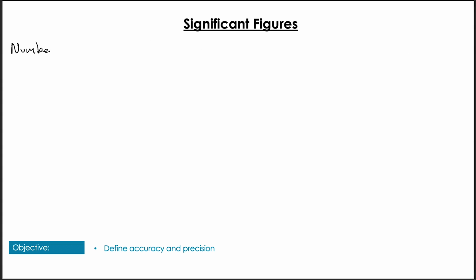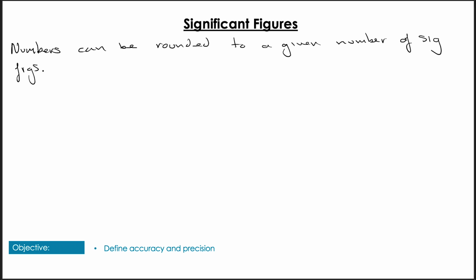Turning our attention to other key terminology that we need to be familiar with is significant figures. As you may already know, numbers can be rounded to a given number, and that number has a certain number of significant figures. We could call this the certain figures or the known figures. These are the digits that we actually measure.